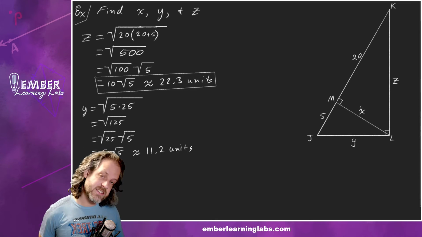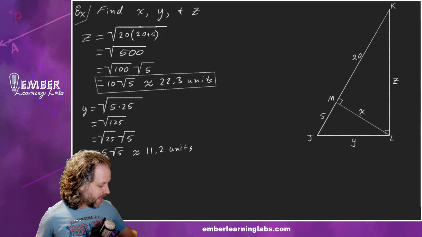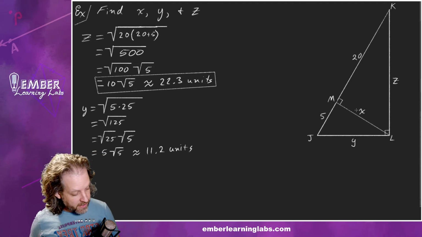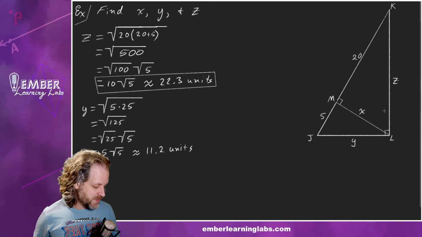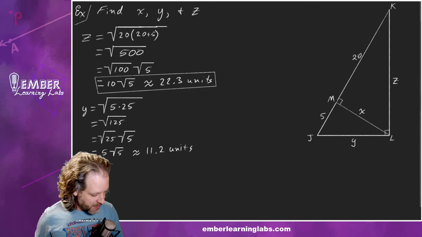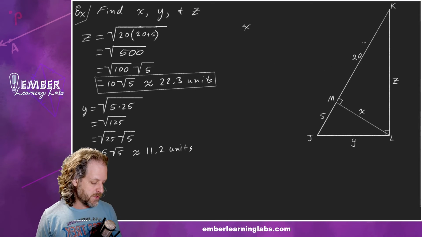Now, x is different, right? Because we've got the specific altitude, so we've got to use our other theorem. So what is the other theorem, right? It says that the altitude is the geometric mean between the segments it splits. So x is the geometric mean between this 20 segment and this 5 segment.